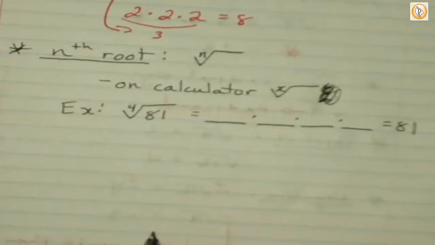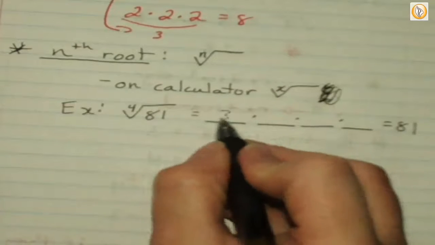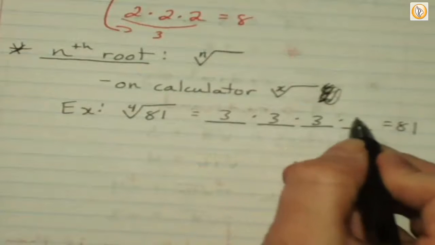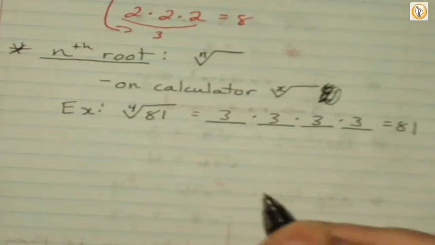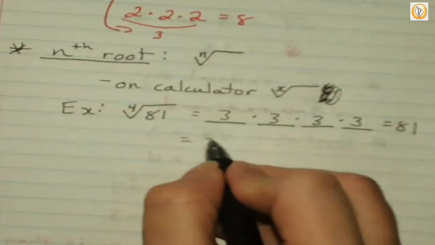Taylor, raise your hand if you have the answer. I'll let Rick go. 3? Yeah. 3 times 3 times 3 times 3 gives us 81. So the answer is 3. Good job, Rick.